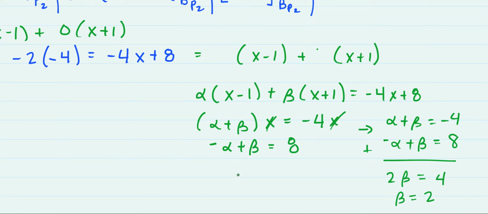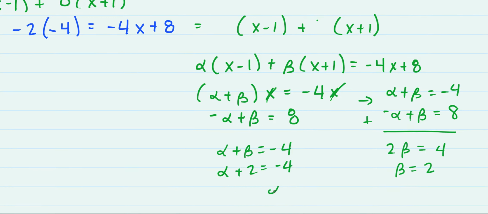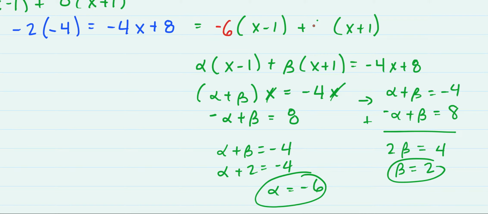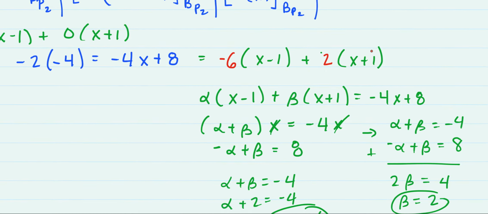And then since alpha plus beta is negative 4, alpha plus 2 is negative 4, alpha is negative 6. So we get negative 6, 2, let's double check, negative 6x plus 2x is negative 4x, and then we get a plus 6 and a plus 2. That works. Great.